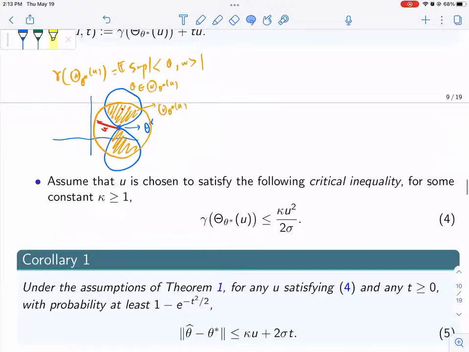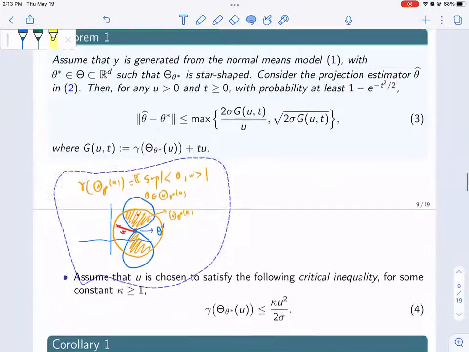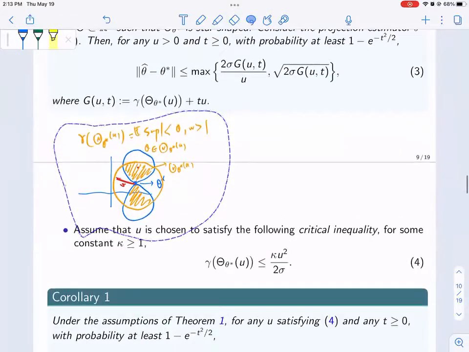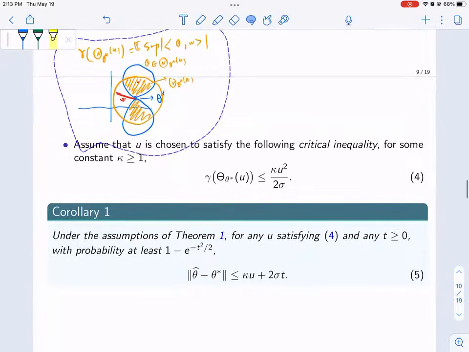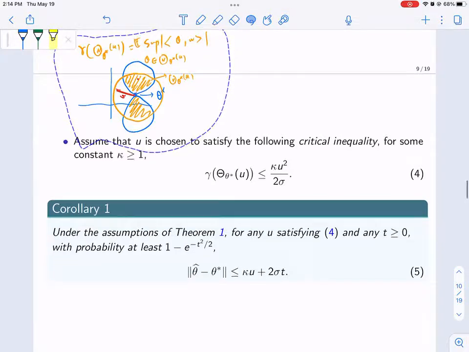Let's do it here. So the technical way of finding this is to define it. We did the calculation. You saw that we have to basically set this equal to this roughly. But what we do is define it like that: find u such that this inequality is satisfied. If you have any u that satisfies this inequality, then that bound translates to this. So let me do the argument there.